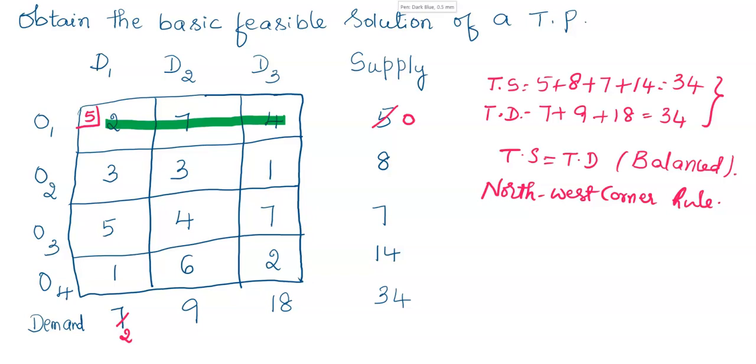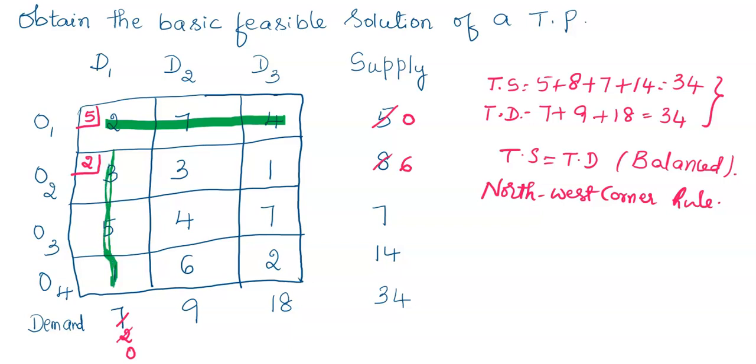Therefore you have to consider the lesser value into the cost cell, and you subtract from that, we are getting 0. Along the row also you have to subtract this supply by the cost cell. So 8 minus 2 is 6. Whichever row or column is 0, you have to delete that.